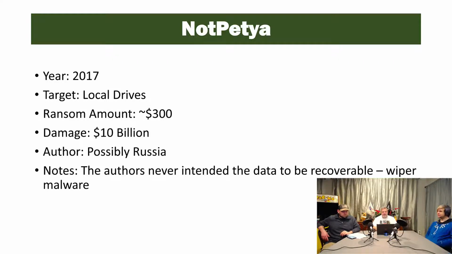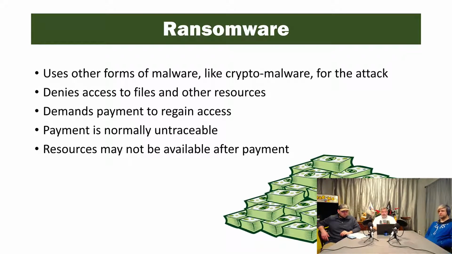Yeah, it'd be rough. So then we get to ransomware, like you're talking about. So ransomware uses other forms of malware, like crypto malware, for the attack. So it can use other types of anything that's going to lock you out of your system. Then it's going to deny access to files and other resources, and demand payment to regain the access. The payment's normally untraceable.